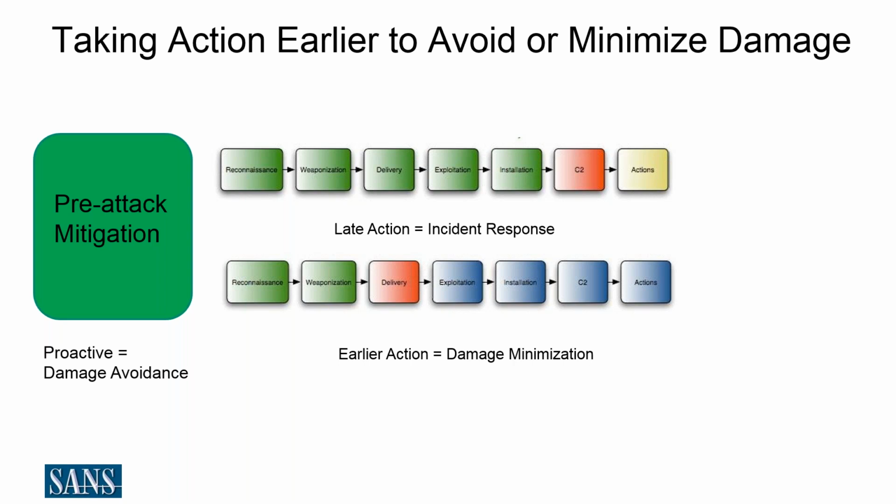The business is paying for the security program to avoid as much damage as possible, not simply to get quicker at pointing out business damage. So we can do lots more in prevention, lots more in early detection, lots more in more surgical mitigation, and that's really key. Those are the things to focus on as we look at today's What Works.